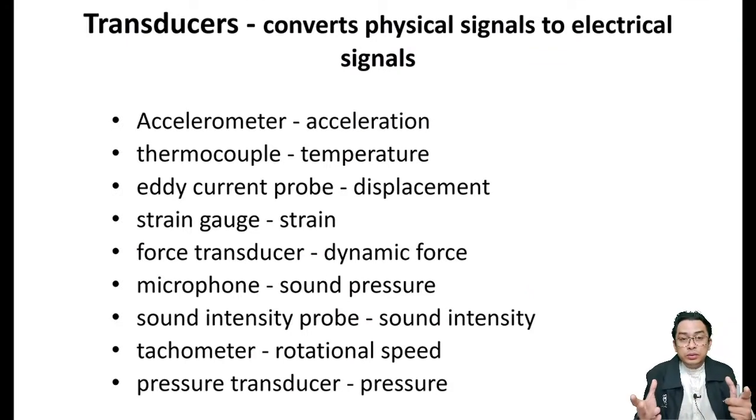Before we go further to the data acquisition system, or DAQ, I would like to ask you to recall a little bit on the sensors that we already discussed in the previous lecture.